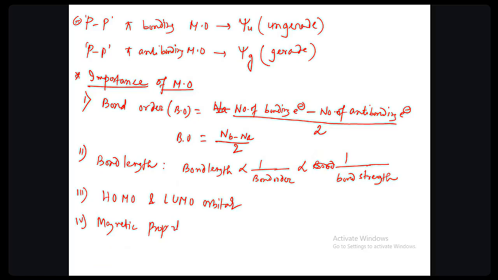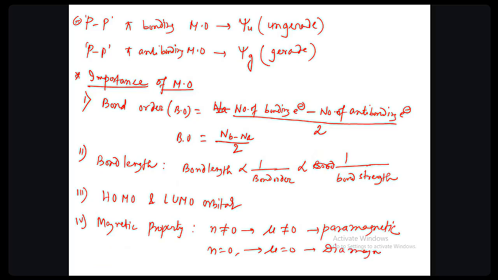If the number of unpaired electrons n is not equal to 0, then mu is not equal to 0, so it is paramagnetic. On the other hand, if n equals 0, then mu equals 0, and it is diamagnetic. So from molecular orbital theory we can easily get these four pieces of information.